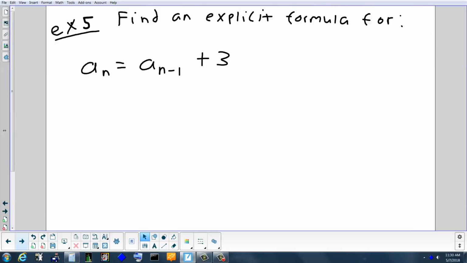So find an explicit formula for that. So you're going to be using this. So you're going to figure out the first term and the common difference. You don't plug in for the n. Just the first term and the common difference.